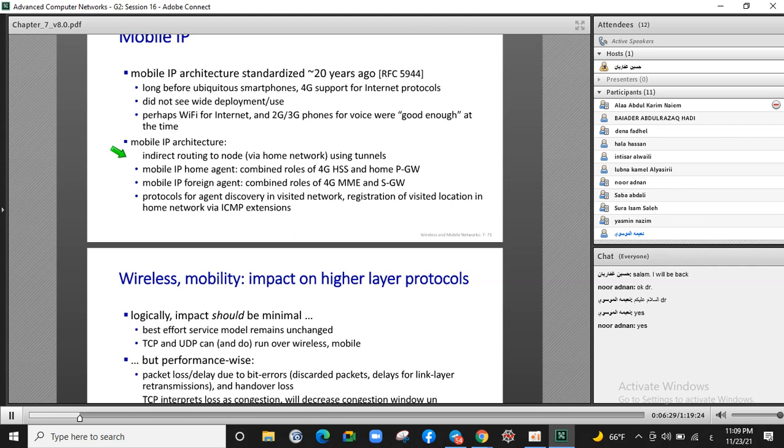To note, in indirect routing, the correspondent should send its information to the home agent, and then the home agent will forward those packets to a foreign agent, and that foreign agent will deliver the information to the mobile host, and then that mobile host can send its responses directly to the correspondent.